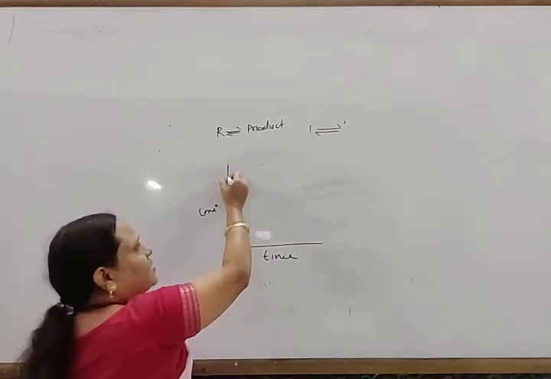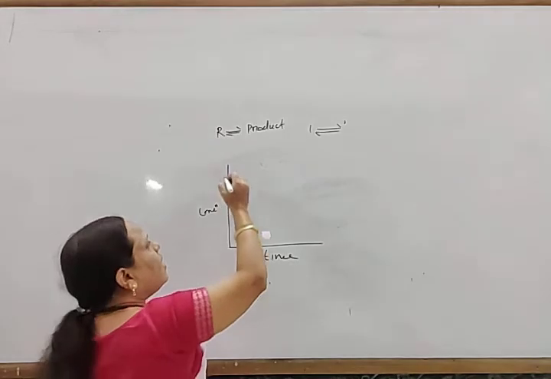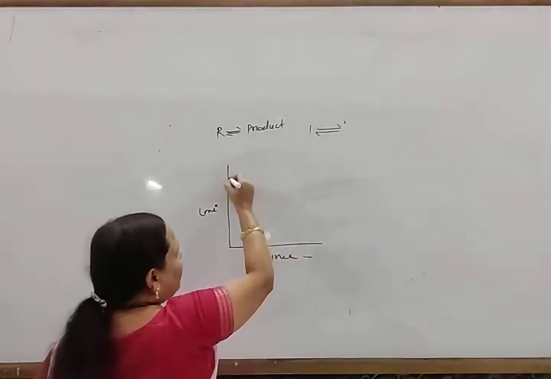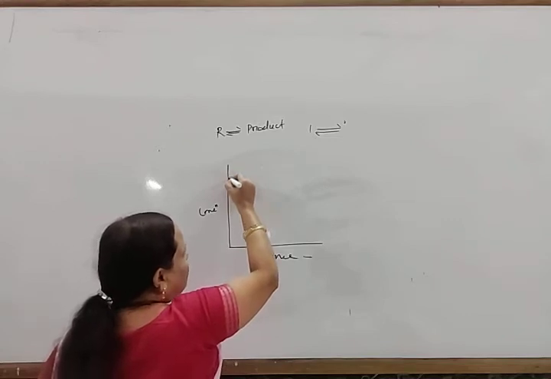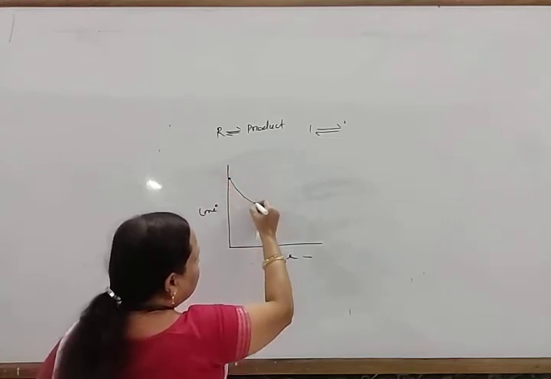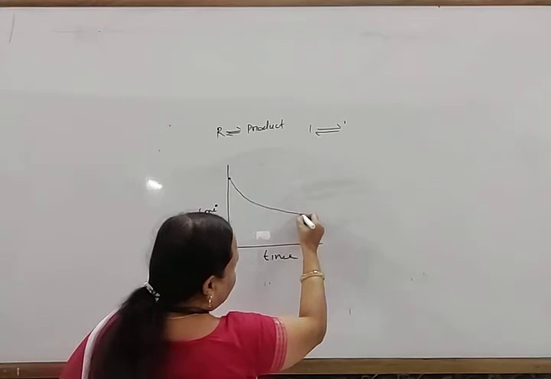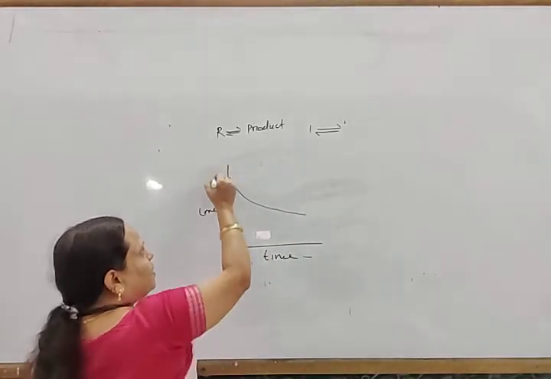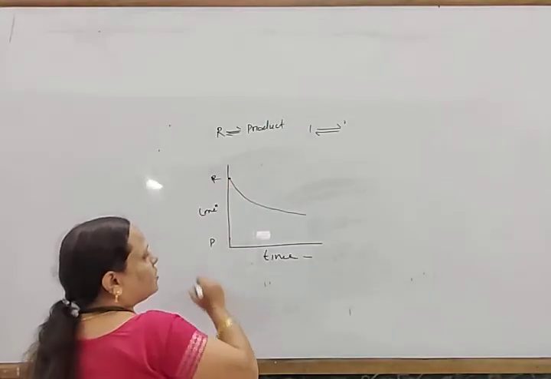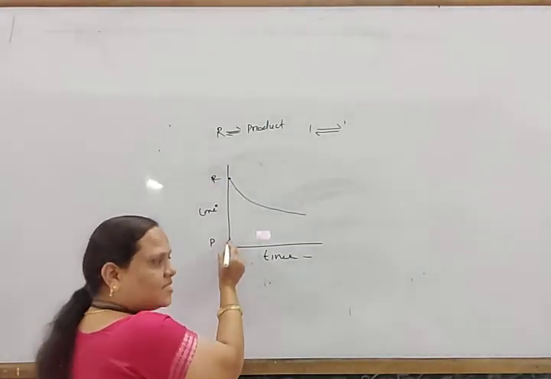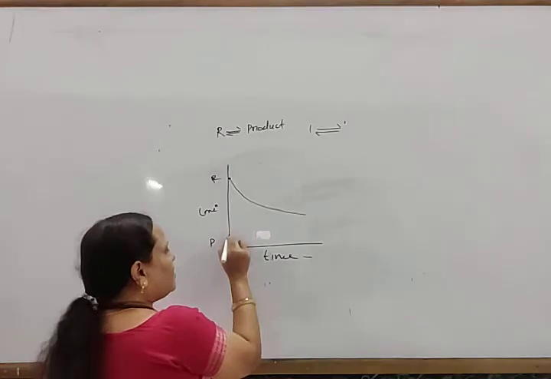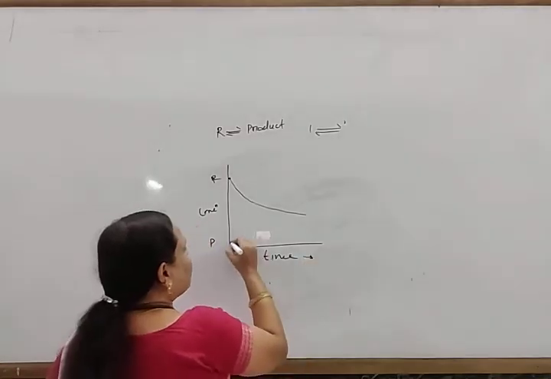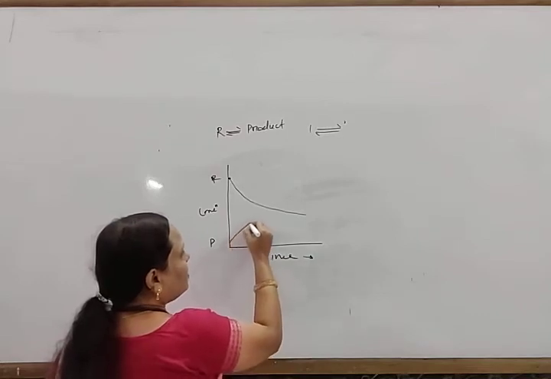Suppose the reactant is here, some reactants are here more. With respect to time, what happens? First, the concentration of the reactant falls. At the initial stage, the concentration of product, this is reactant and this is product, is less, or it may be 0. As the time increases, first the formation of product takes place.